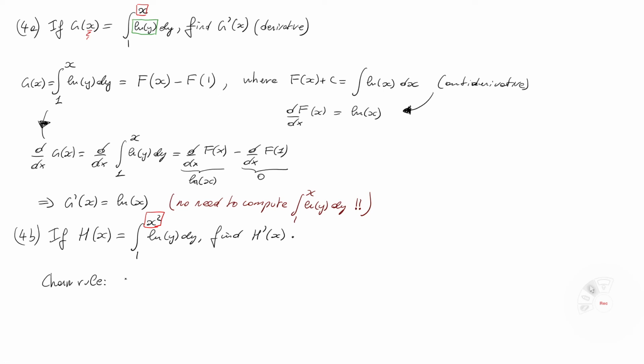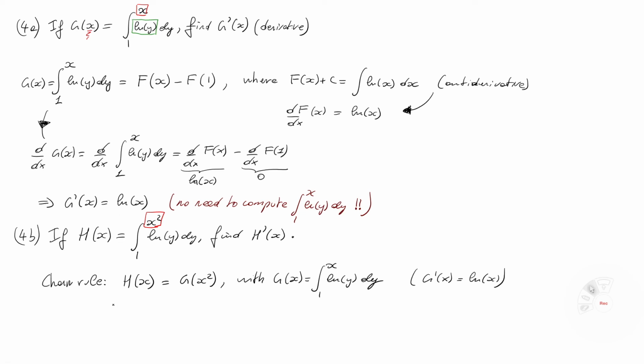So here we can say, well, h of x is actually g of x squared, where g is the function that we computed originally. And so in particular, we know that g prime of x is ln of x.